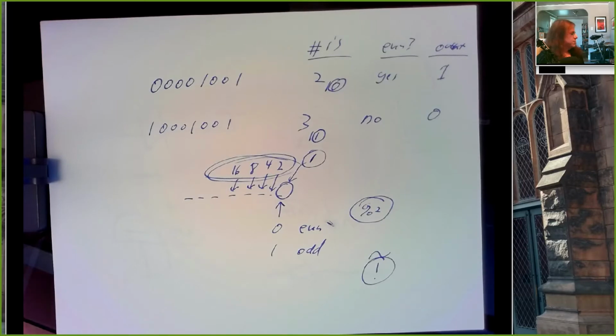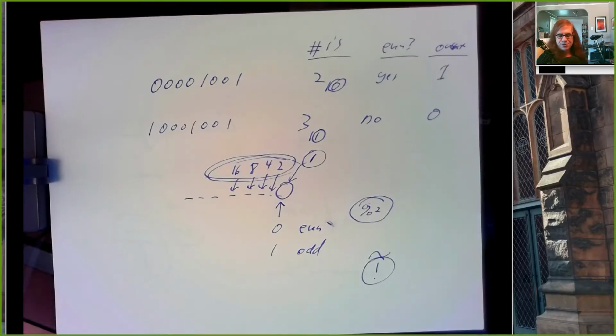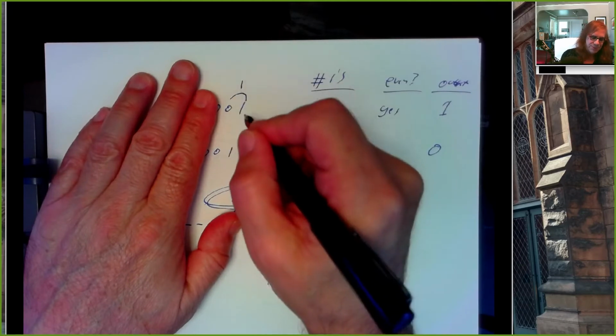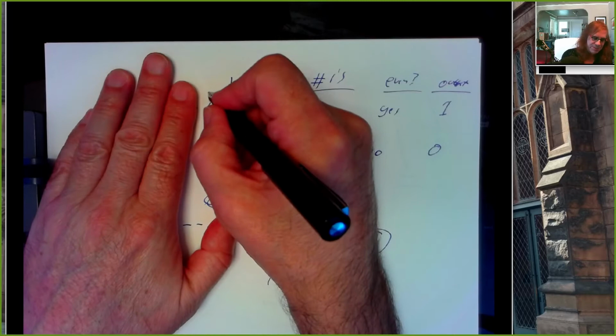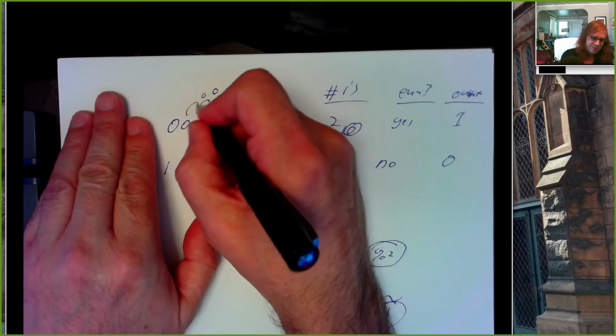All right, there's also a hint in here which says XOR is helpful. Why is XOR helpful? Because XOR is another way to count how many ones you have in a sequence of ones. If I take 1 and 0 and XOR it, I get a 1. If I XOR that with a 0, I get a 1. If I XOR that with a 1, I get a 0. XOR with a 0 is 0, and so on.